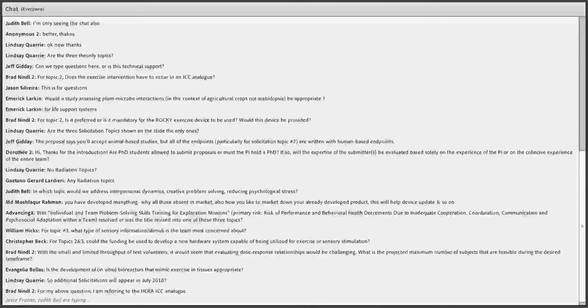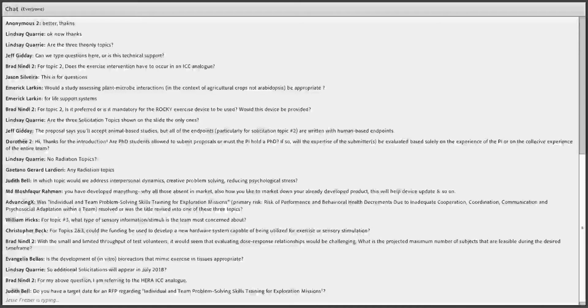For topic 2 and 3, could the funding be used to develop a new hardware system capable of being utilized for exercise or sensory stimulation? We do not anticipate that it is likely to fund enough to do that, primarily because we also have a requirement that whatever hardware system is used has to be flight certified, and so we want something that could be similar to what we might use.